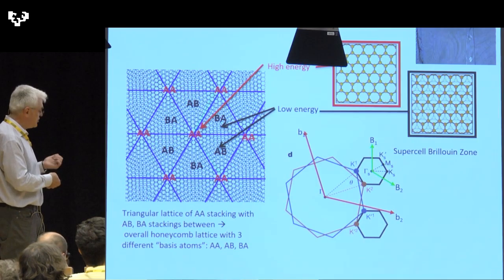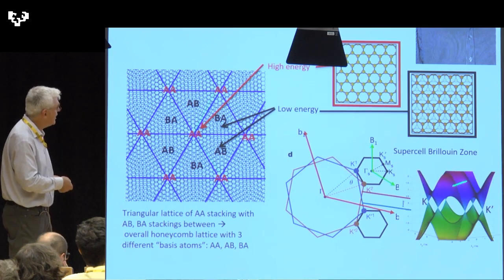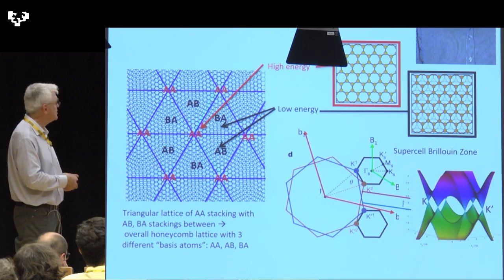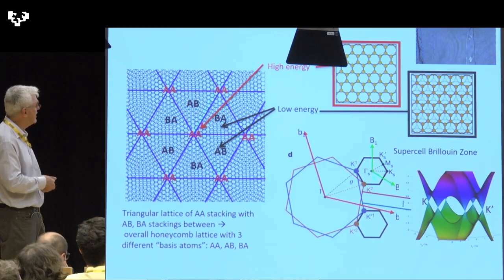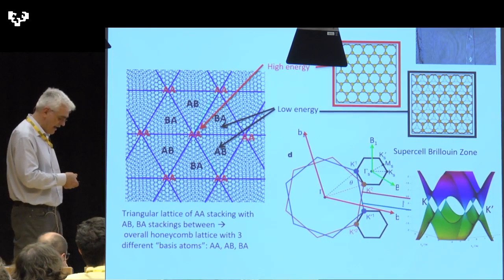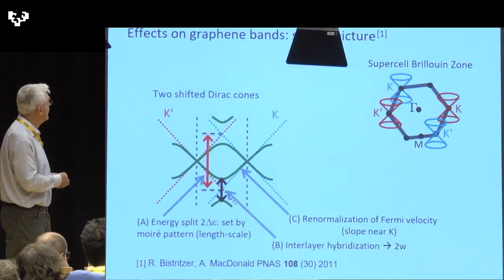And of course, with each original hexagonal Brillouin zone of each individual graphene layer, you have this set of Dirac cones associated with it, with these Dirac cones at every corner of the hexagon. And now we have, of course, two sets of Dirac cones, one of them from the red layer and the other from the blue layer, and those are at each corner of the effective Brillouin zone, the supercell Brillouin zone.